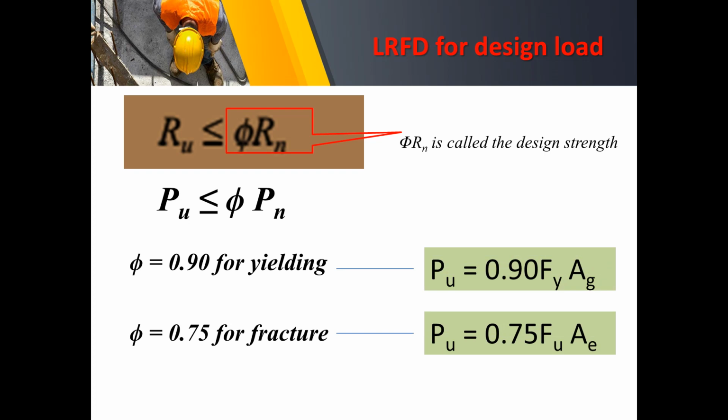Notice here that Fy is always paired to the gross area, while Fu is always paired to your effective area.